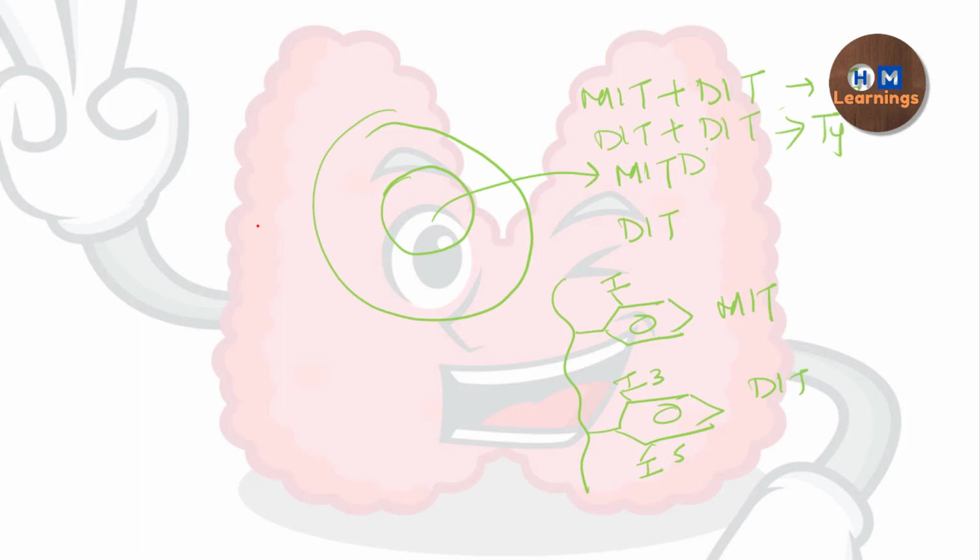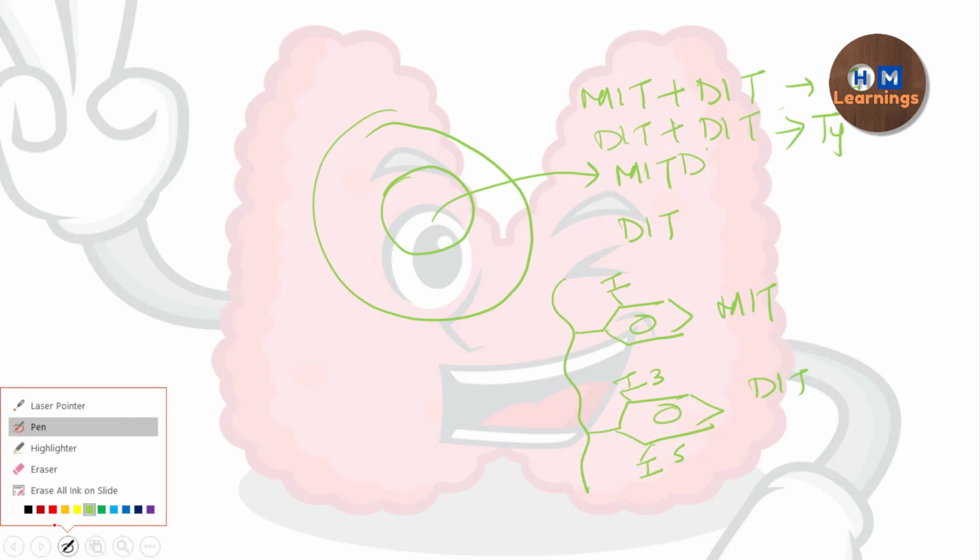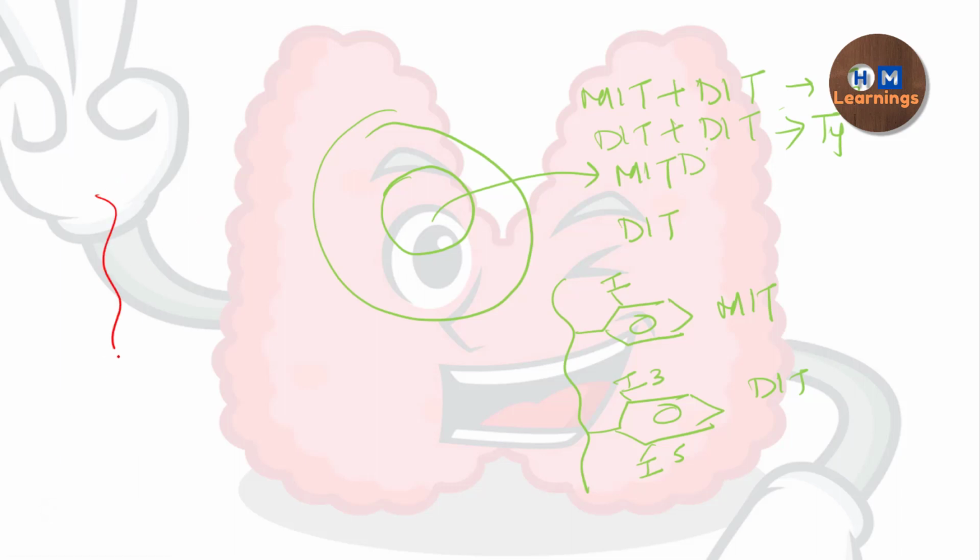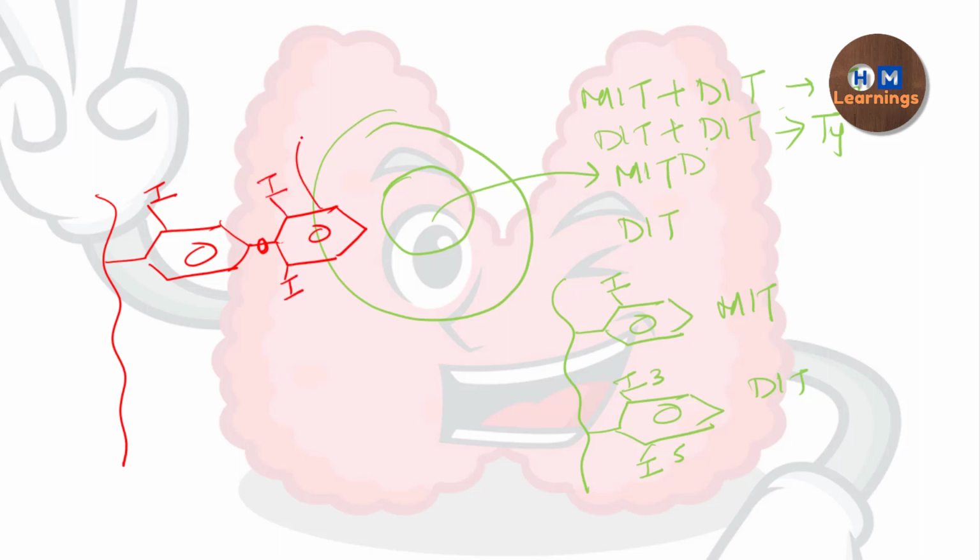So now I am again drawing the thyroglobulin. Here you can see one, and then you have an ether bond between this, then this. This is called T3. They are still attached to thyroglobulin. You have to remember this thing.